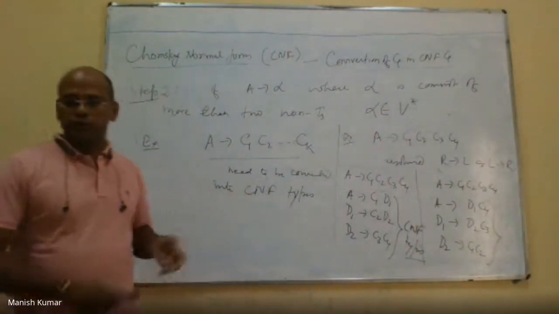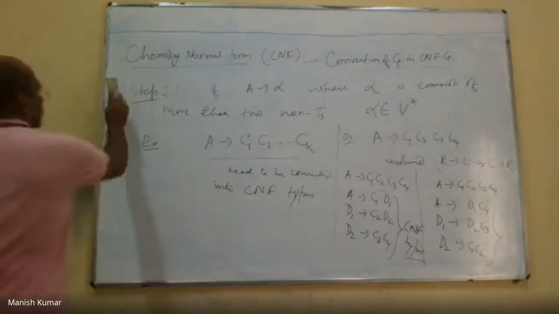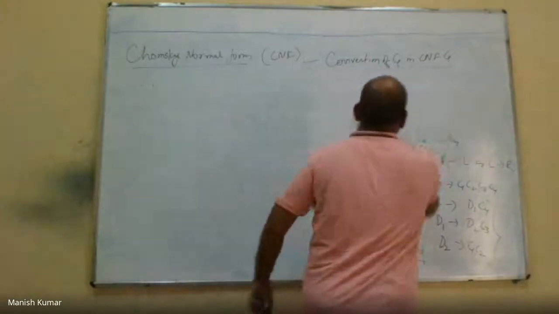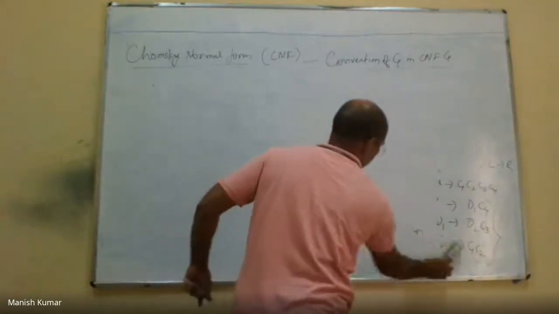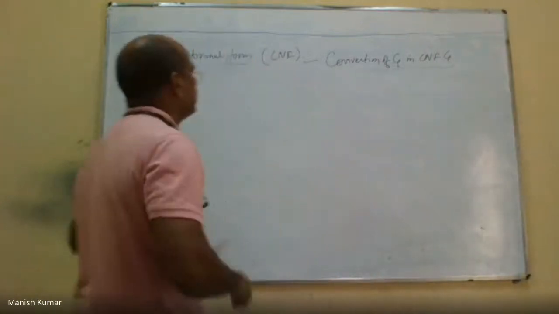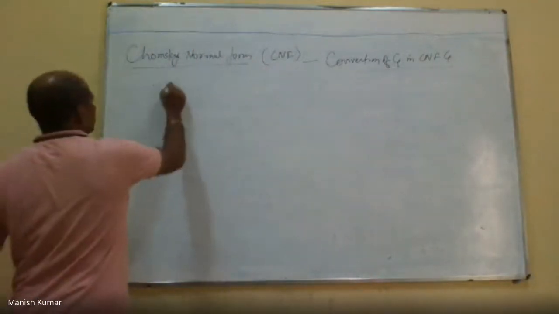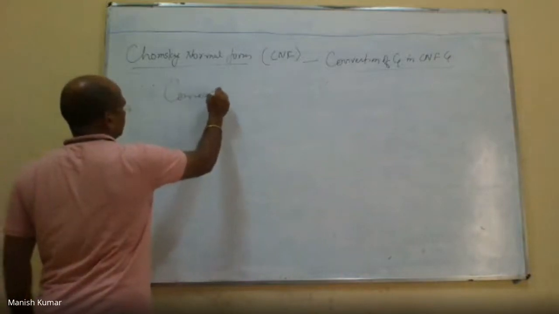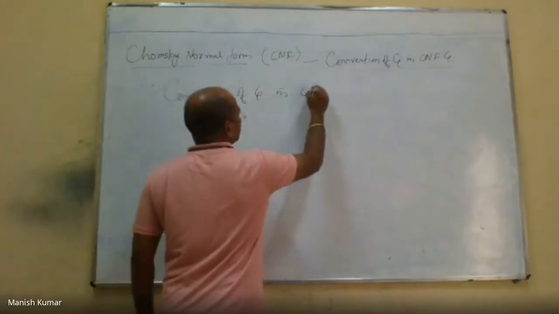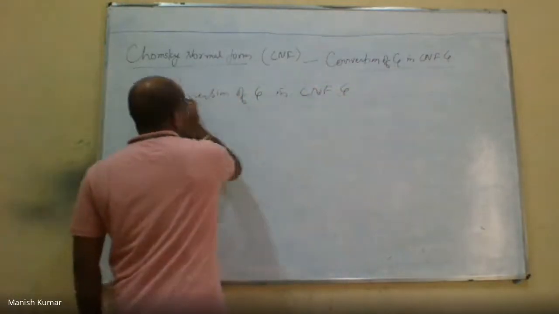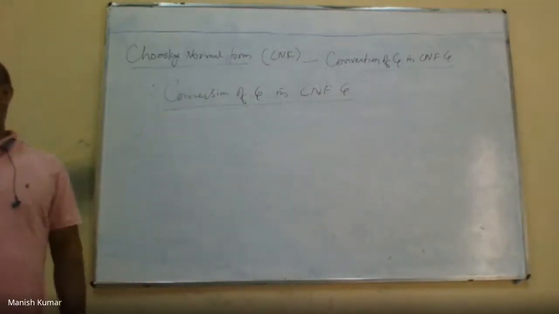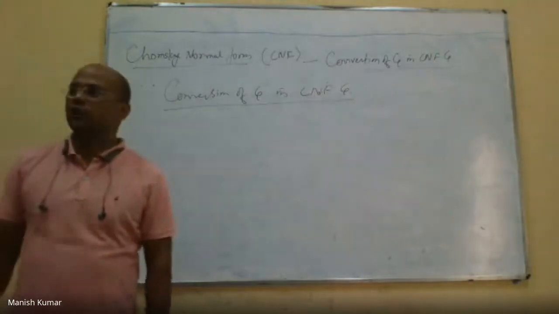Whenever you go for conversion of G into CNF, always remember the first condition I told you: the language should not have epsilon.